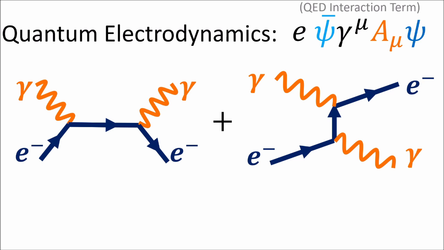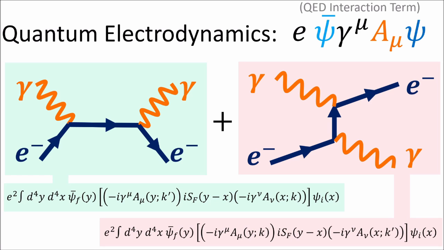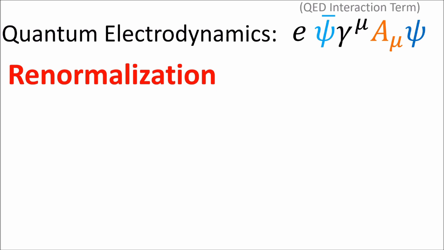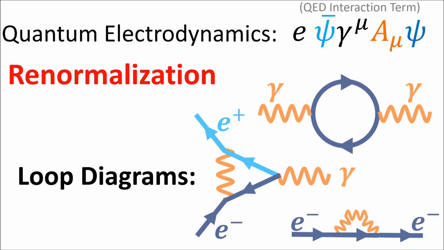These are often first presented as cute pictures, but each of these pictures represents a complicated integral that must be calculated in order to compute the final result. The technique of renormalization must also be used for dealing with diagrams that have loops.